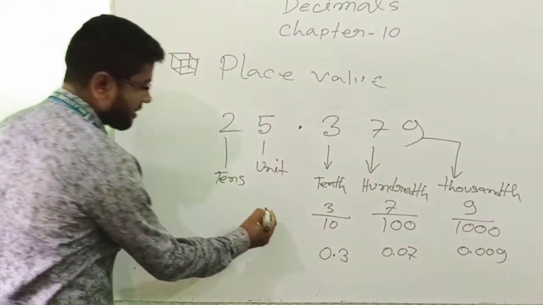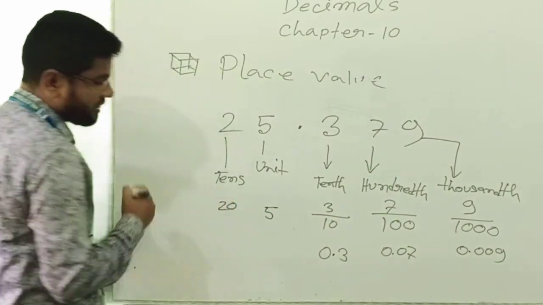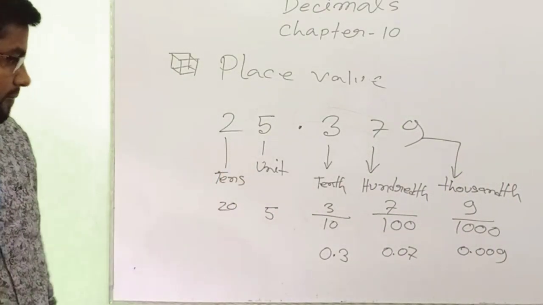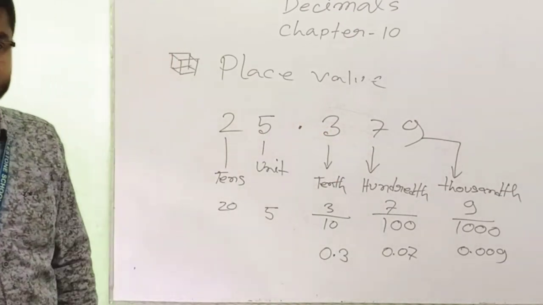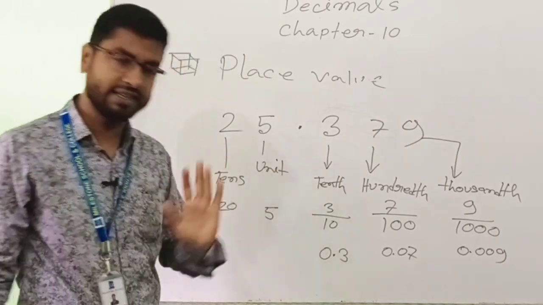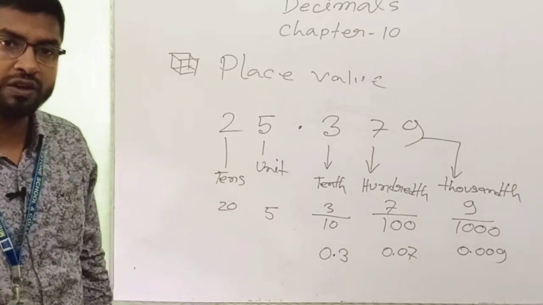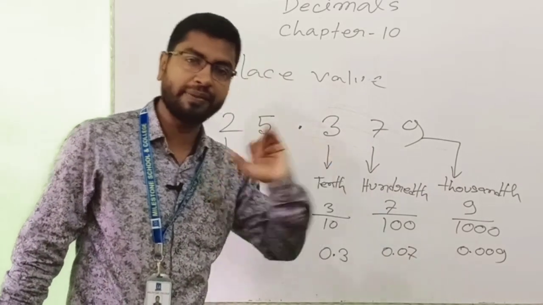Unit, this is ones, single 5, full number. This is 2, this means 20. This is the place value. If we ask what is the place value of 3, we will tell the place value of 3 is 0.3. Done. What is the place value of 7? The place value of 7 is 0.07.